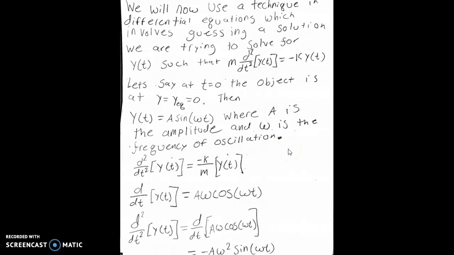The equation that we're going to try is y of t equals A sine omega t, where A is the amplitude and omega is the frequency of oscillation. Technically, because it's a second order differential equation, there should be 2 of these unknown coefficients. So it should be sine of omega t plus phi initial, but I forgot to write that.